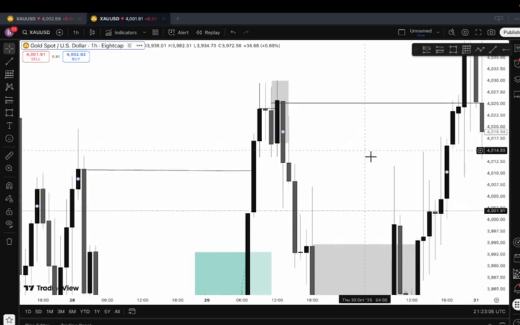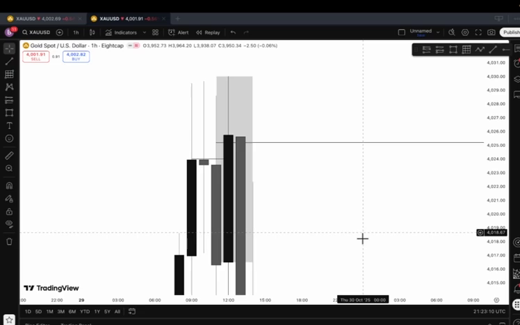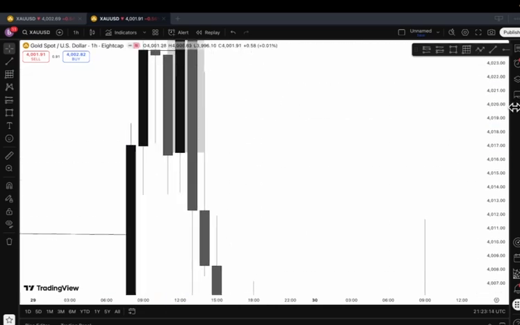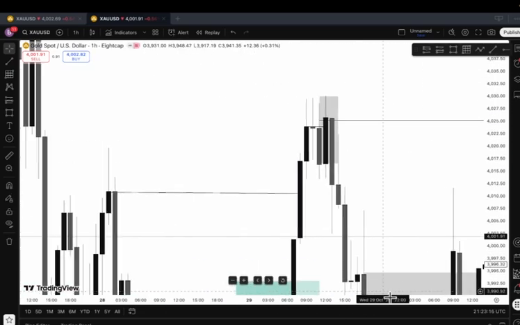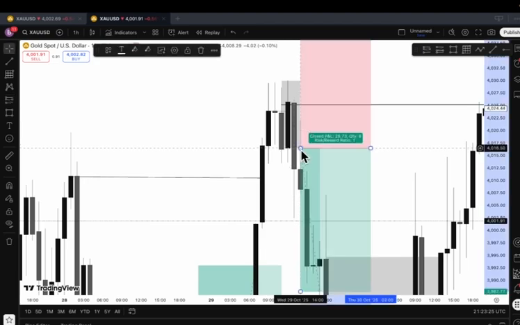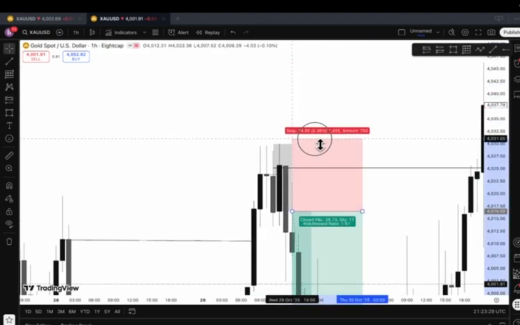Remember I said whether fetched or unfetched, once you get invalidated. So now we have this unfetched key level here that got invalidated. At that point, what did I do? I took the inverse, which was this guy here. This was my sale. I think so, Wednesday this week that just passed, and then my SL was just here.